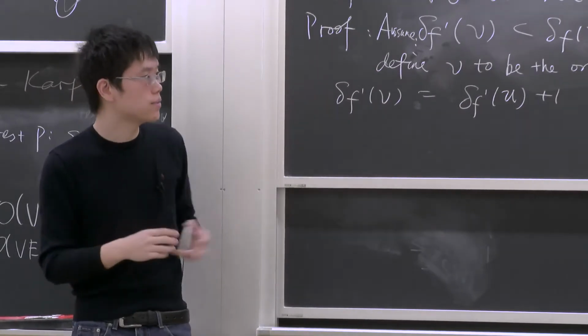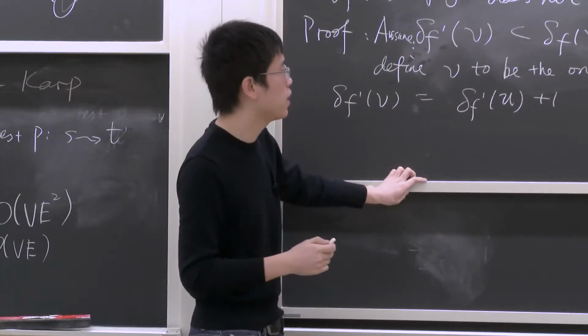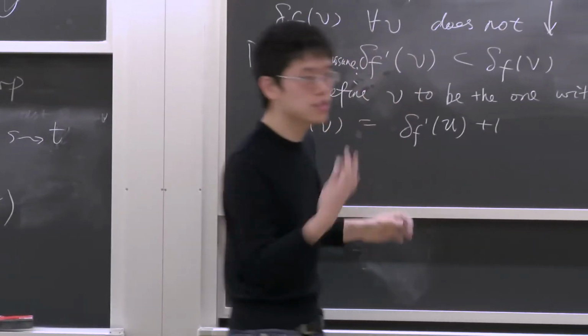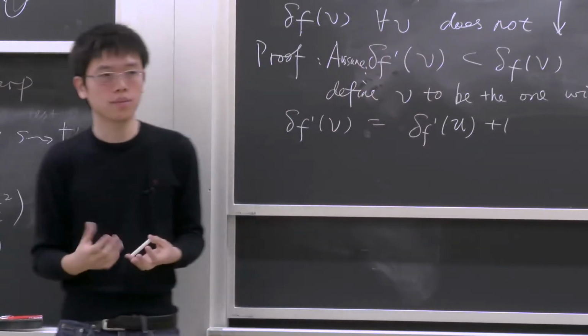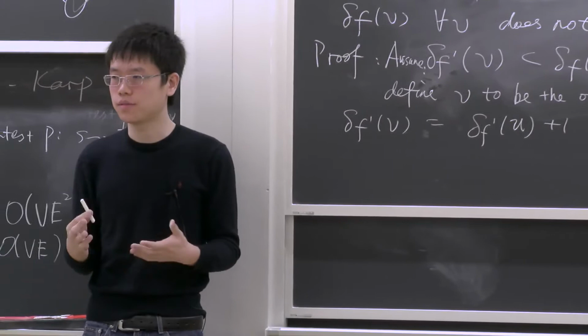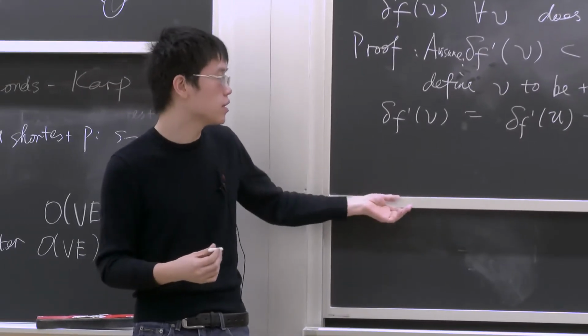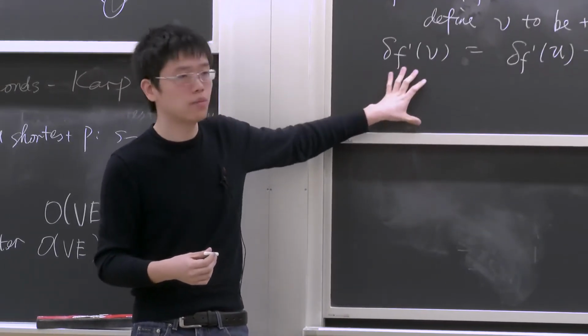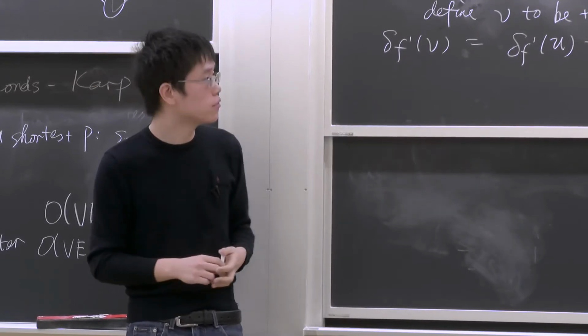So, maybe I wasn't clear about that. I defined U to be V's predecessor on the shortest path. Okay. Then definitely delta F prime of V is delta F prime of U plus 1.